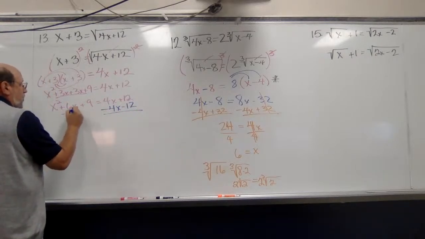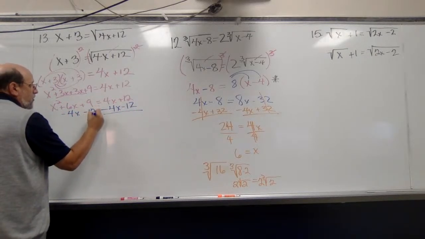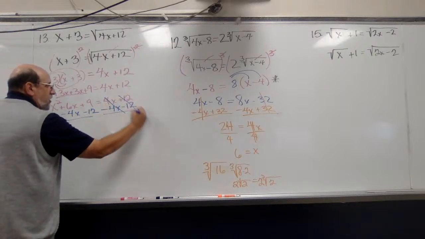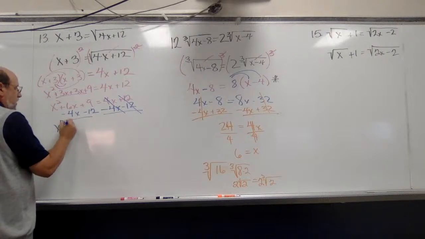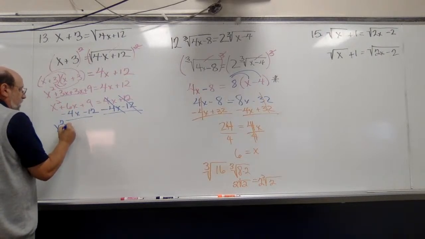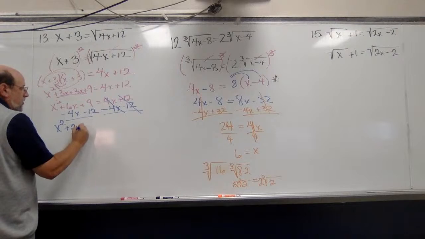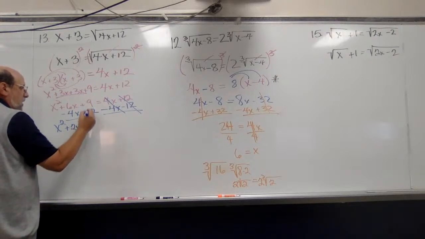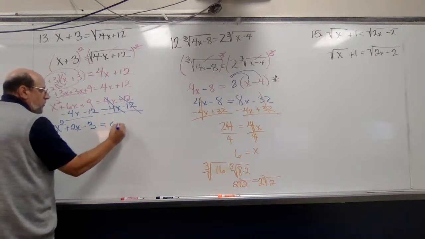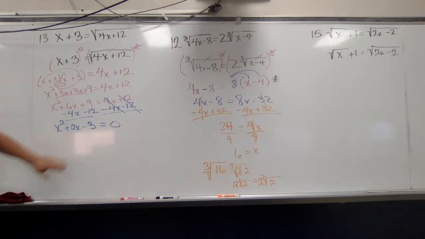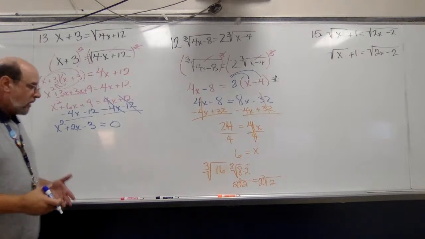Minus 4x, minus 12. This goes away. Let's start here. X squared, 6x minus 4x is plus 2x, and then positive 9 minus 12 is minus 3 equals 0. This is easily factorable, right?